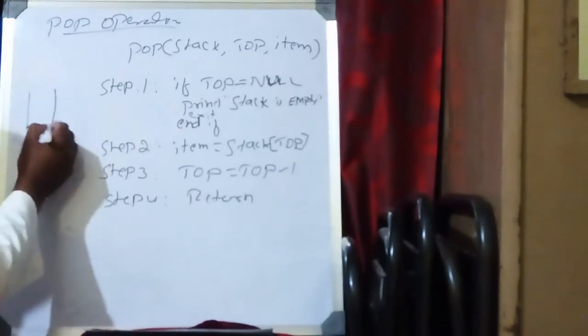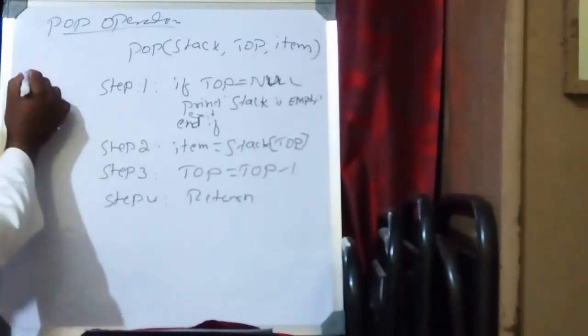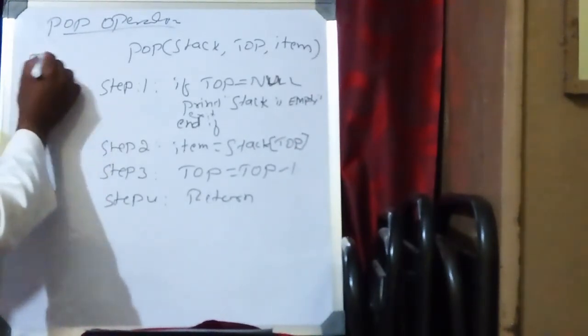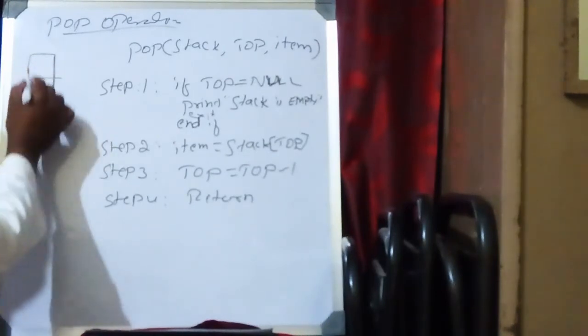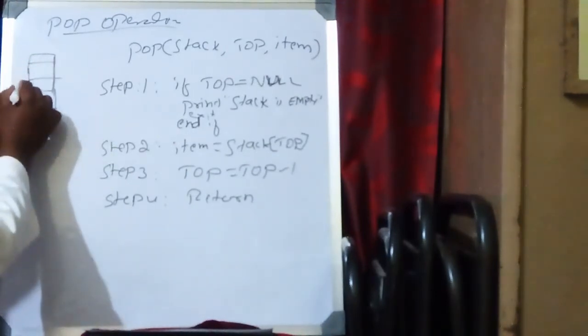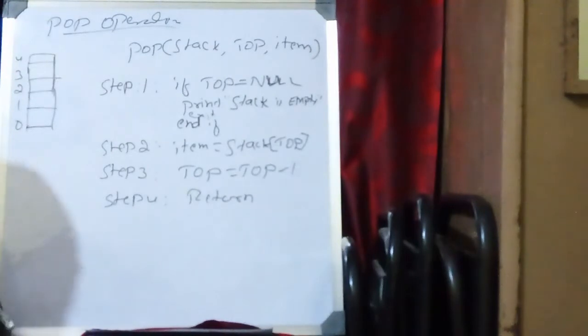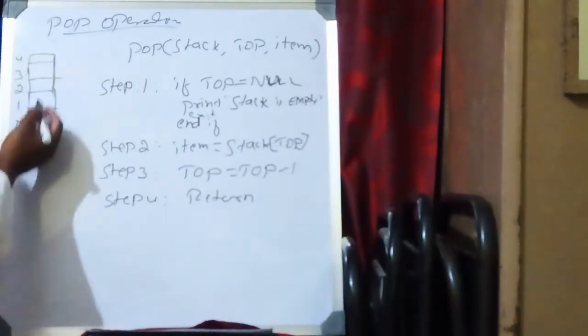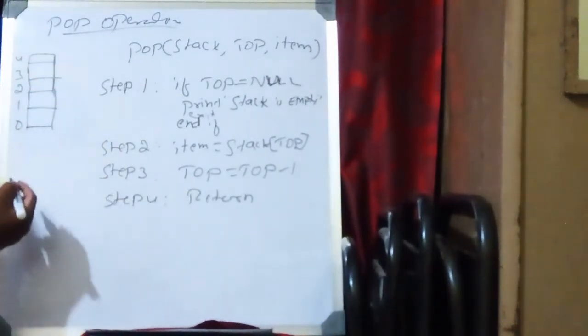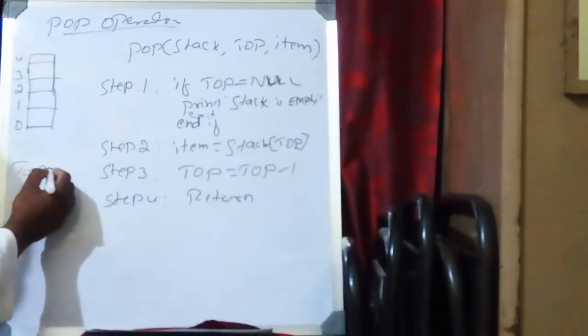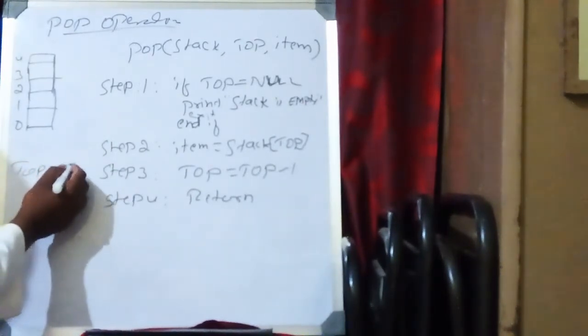For example, this is one array. Initially, if we have not entered any element here, that means top is equal to null. We are initializing top is equal to null.